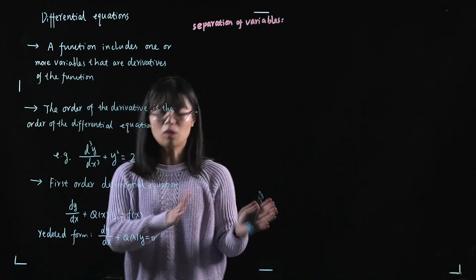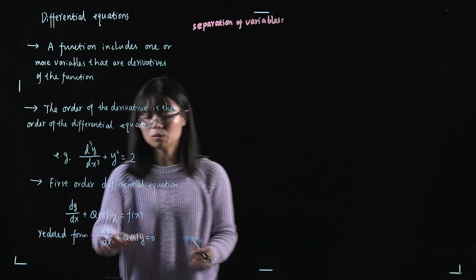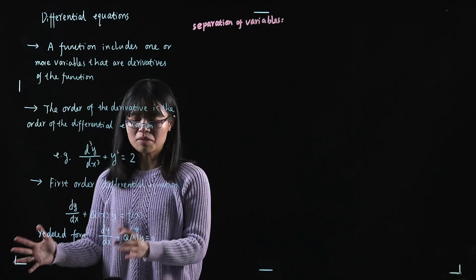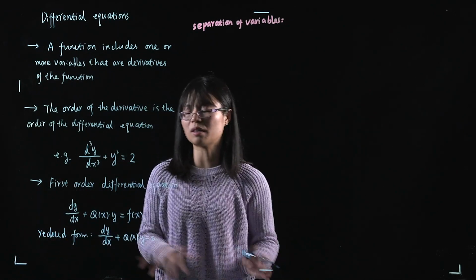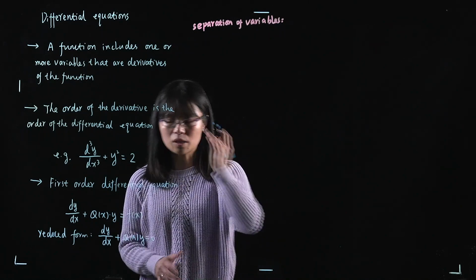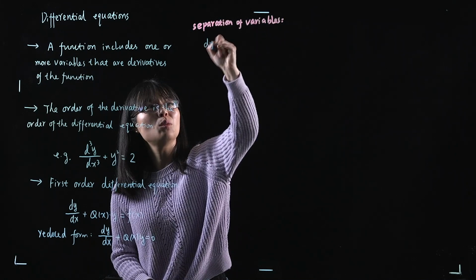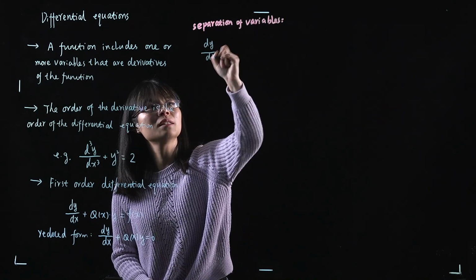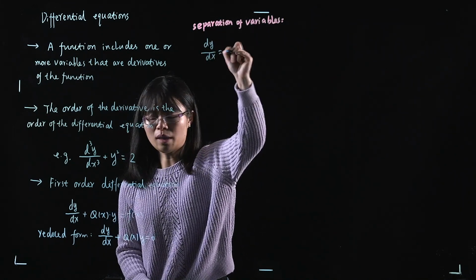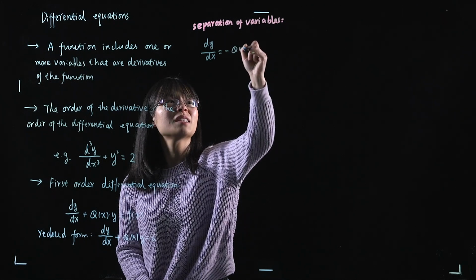Then we can put all the terms regarding y on the left-hand side of the equation and all the terms regarding x on the other side. If we do so, what can we get? First of all, dy over dx equals negative q of x times y.